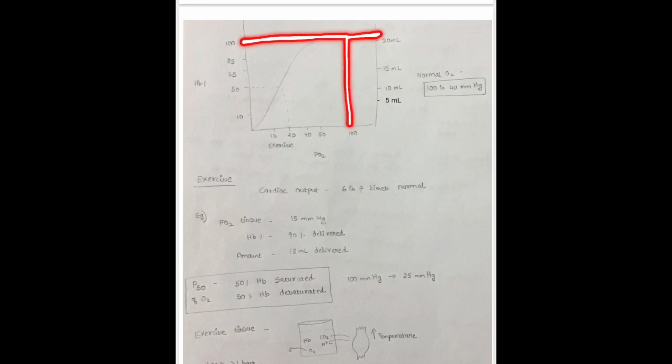As everyone knows, the normal partial pressure in the human body is 100 in the lungs and 40 in the tissues. So in the tissue the partial pressure of oxygen is 40 millimeters of mercury and the hemoglobin saturation is 75%.